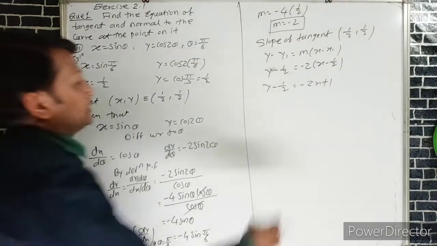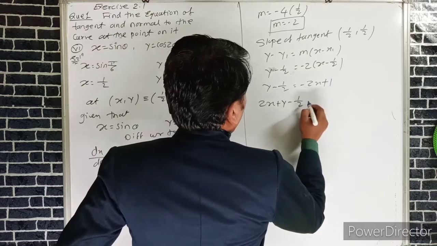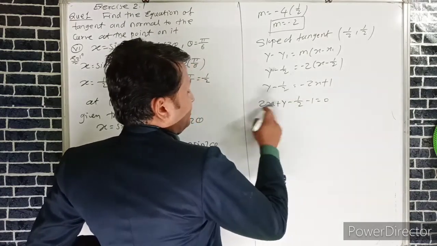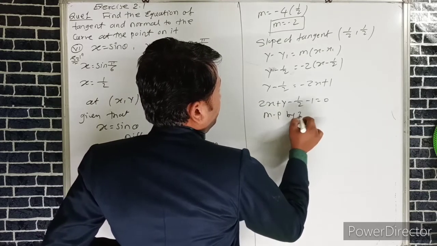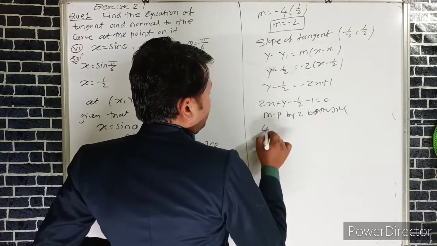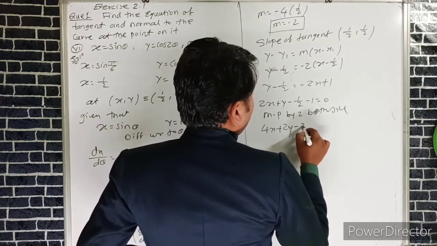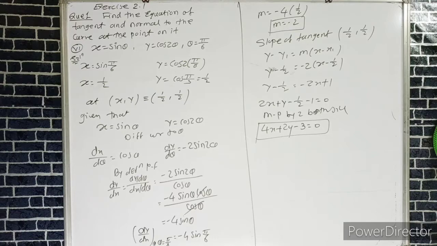Taking minus 2x to the left side, we can write 2x plus y minus 1 by 2 minus 1 is equal to 0. Multiplying by 2 on both sides, we get 4x plus 2y minus 1 minus 2, which is minus 3, is equal to 0, which is the required equation of the tangent.